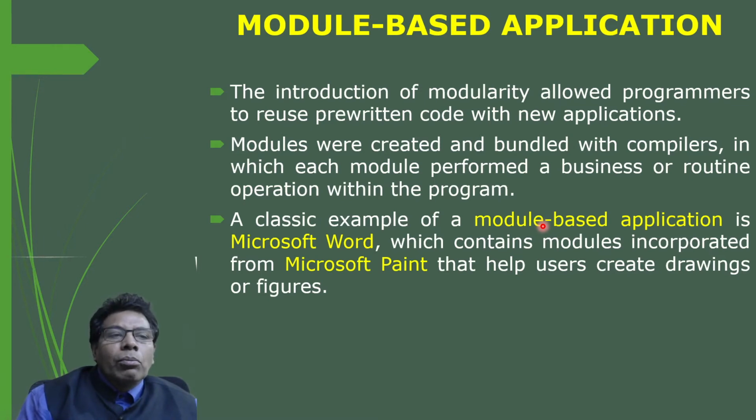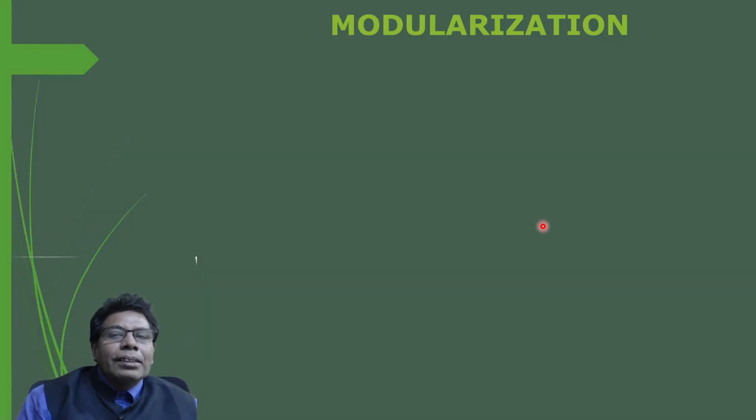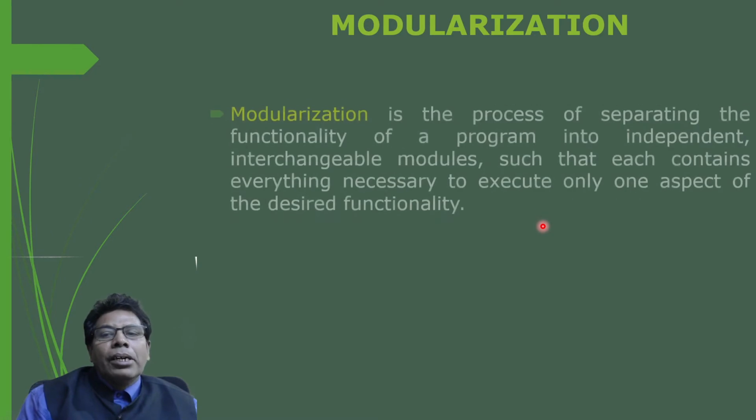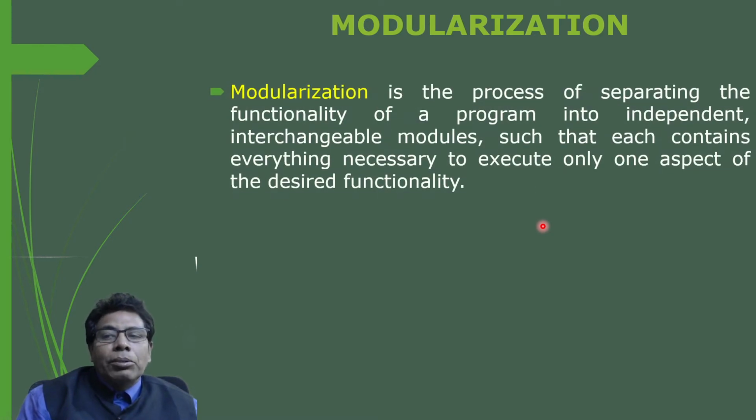Then let us go to modularization. Modularization is the process of separating the functionality of the program into independent interchangeable modules such that each contains everything necessary to execute only one aspect of the desired functionality. That is very important. A module will have only one aspect of functionality, and accordingly it will have independent and interchangeable modules.